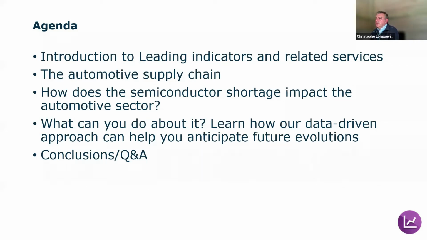Then Gylian will further deep dive on the value chain in the automotive supply chain and see how we can help you in finding interesting indicators that help to explain what is happening and how you can better anticipate the effects of the semiconductor shortage that's actually happening in the sector.